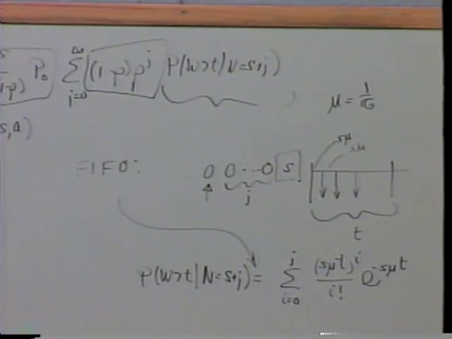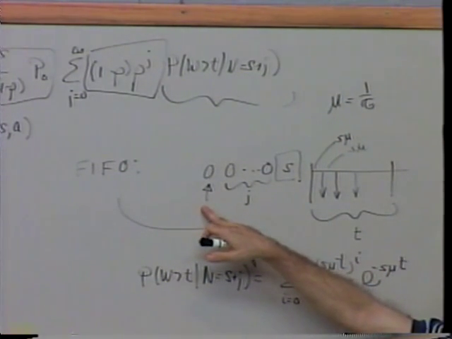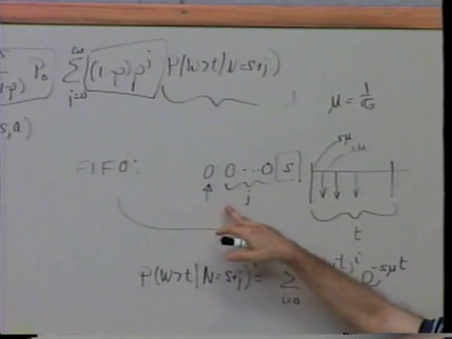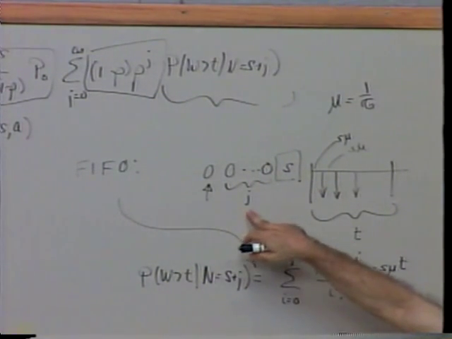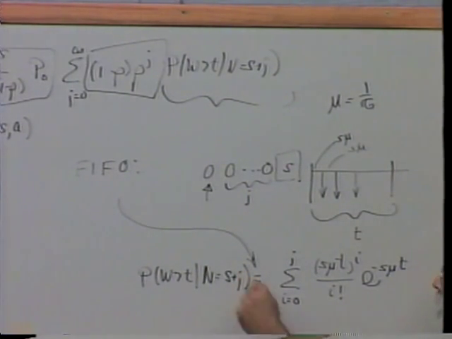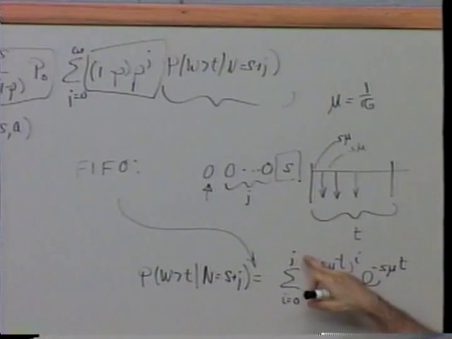And if we have FIFO service, then we know that the length of time this guy waits depends exactly on the number of departures that occur of the customers in front of him. So the probability that he will wait longer than t, if he finds all servers busy and a queue of length j, is the probability that during this interval of length t, exactly i customers depart, where i is less than or equal to j.